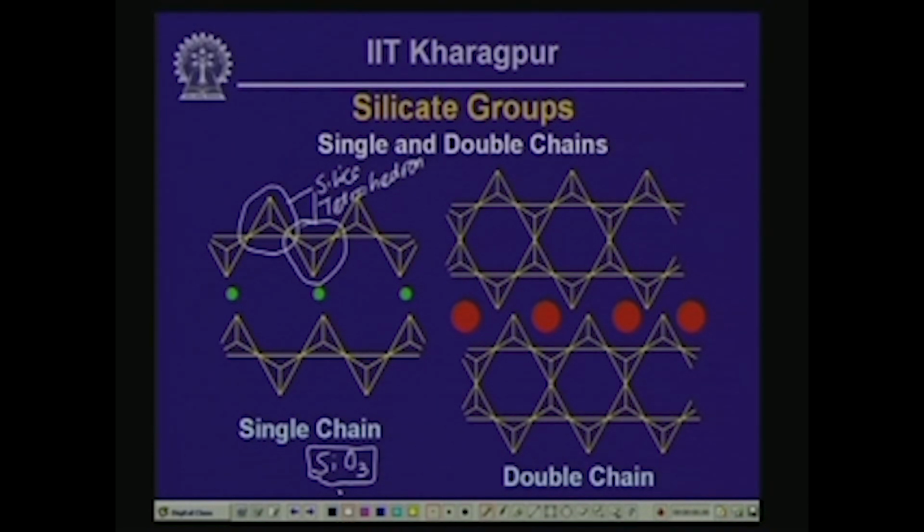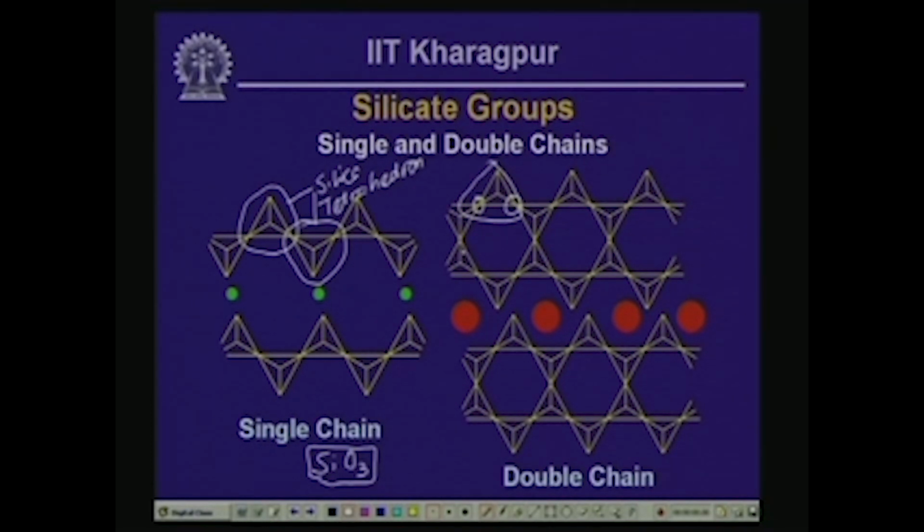Now, let us consider what is meant by a double chain. Double chain minerals are shown schematically on the right of this particular slide, and what you can see here is that 2 oxygens of each tetrahedron are shared again with other tetrahedra in the same chain.